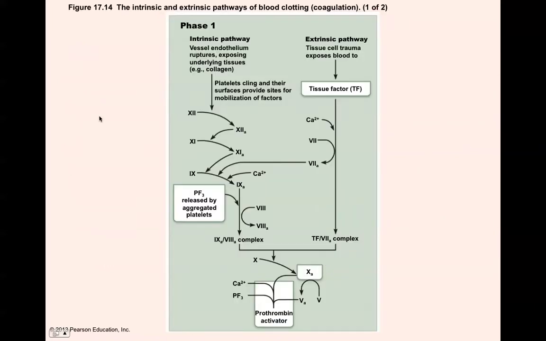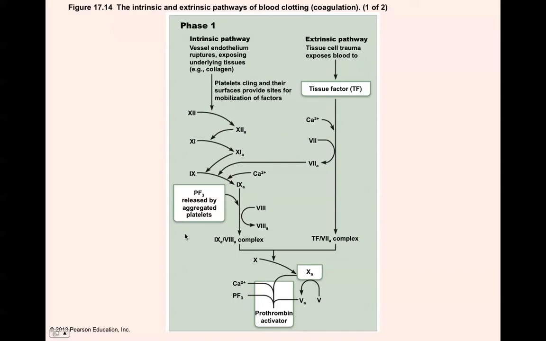And as you can see, there's an intrinsic and extrinsic pathway. Intrinsic would be right at the site within this area. Extrinsic would be outside of that where there's tissue factor involved, etc. But here you can see all these clotting factors that are involved.